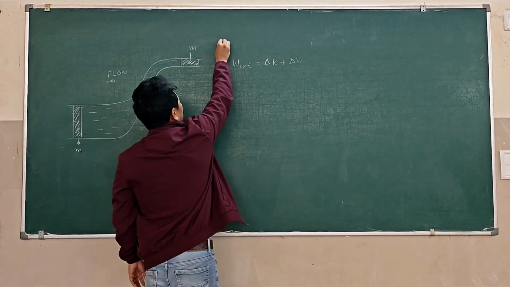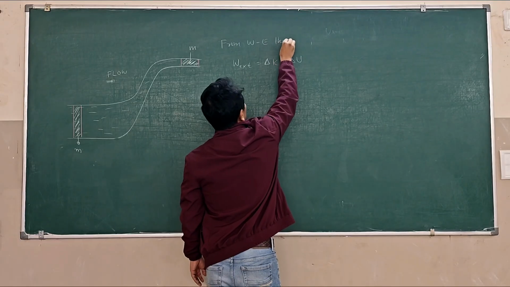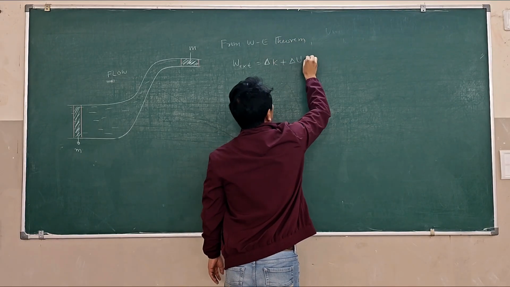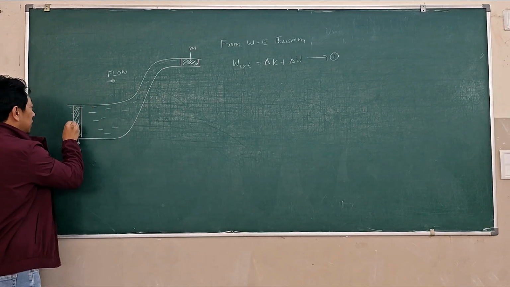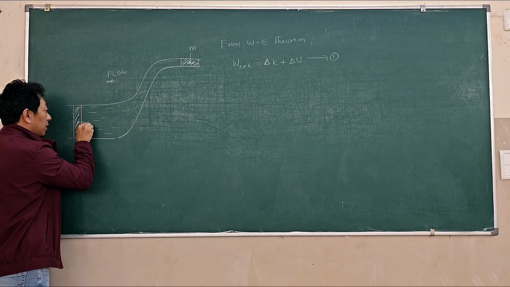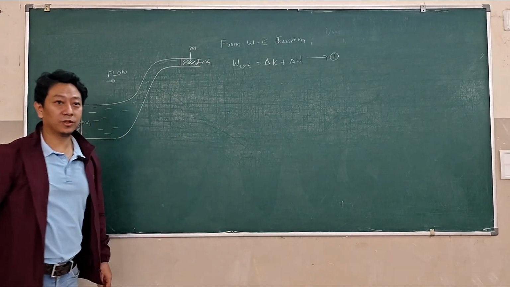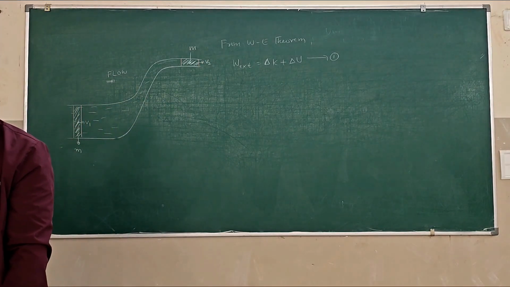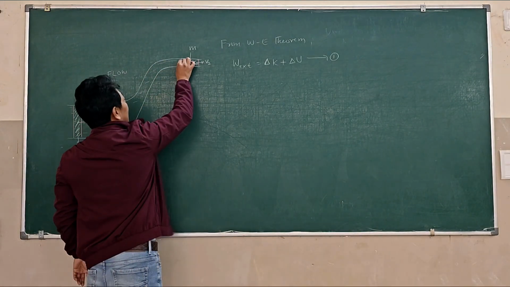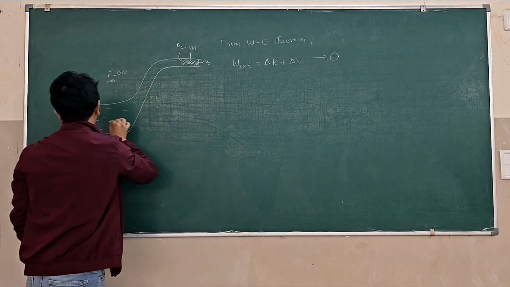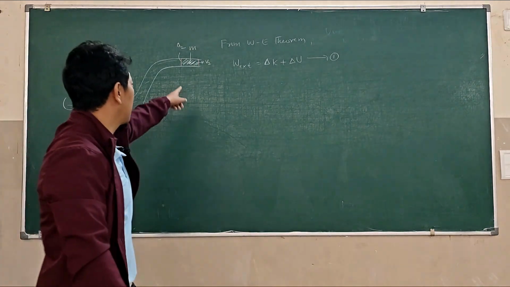So this is from work energy theorem. Now tell me, here velocity if I say is V1, here velocity will be V1 or more? More. Just now we learned in equation of continuity, if area of cross section is less here and more here, velocity will be higher here.